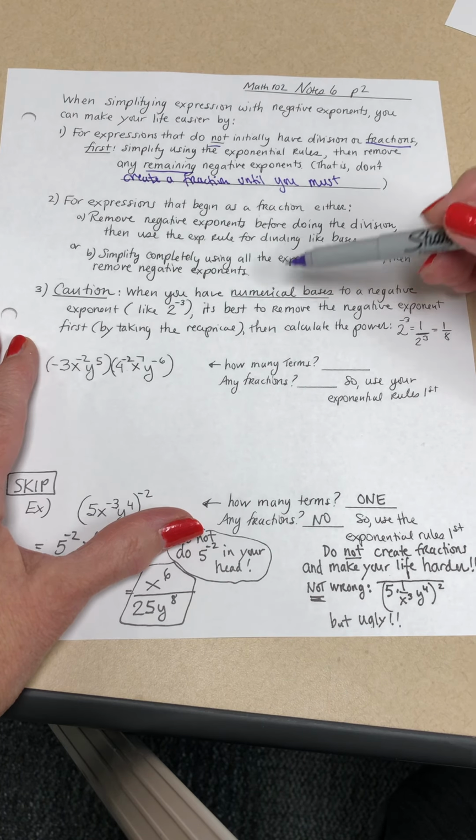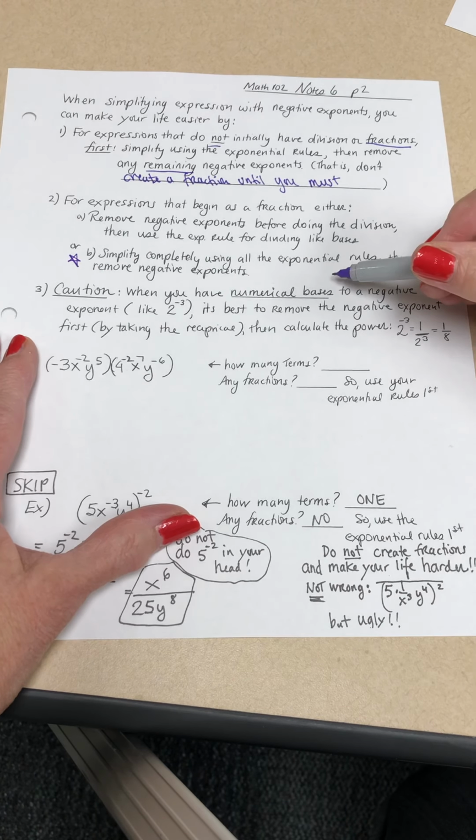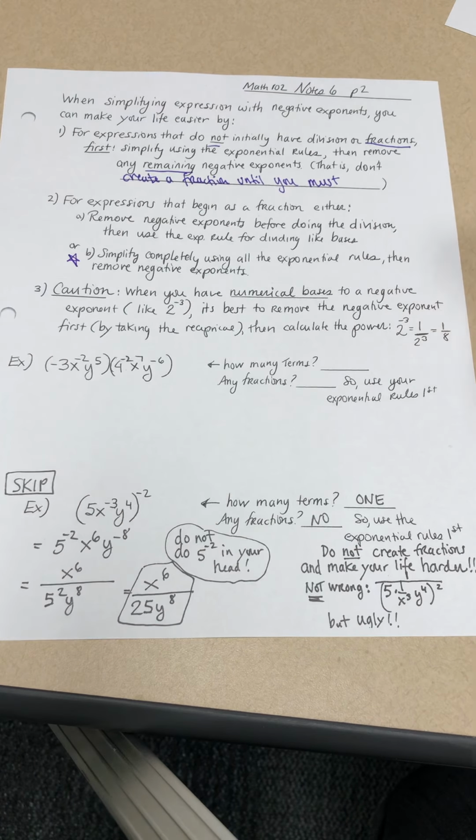So I haven't done a problem in that order, but what we're really saying here is when you're simplifying with negative exponents, there's two things you have to do. You have to simplify the expression using exponential rules, order of operations, and you have to remove negative exponents. The question is, what order do you do these things in?